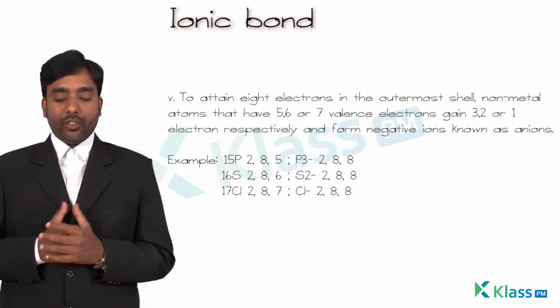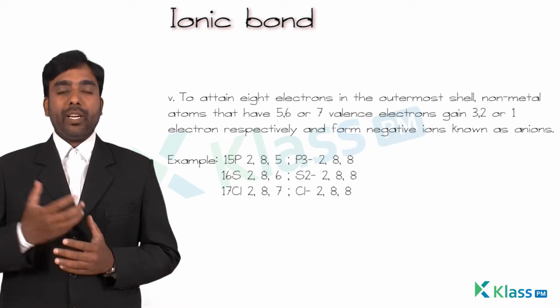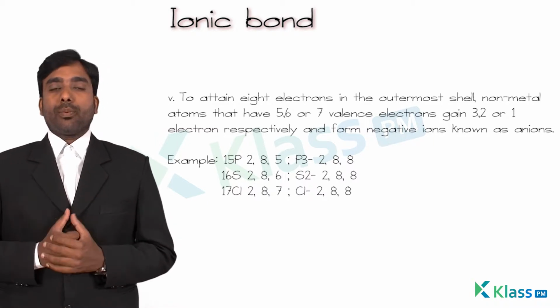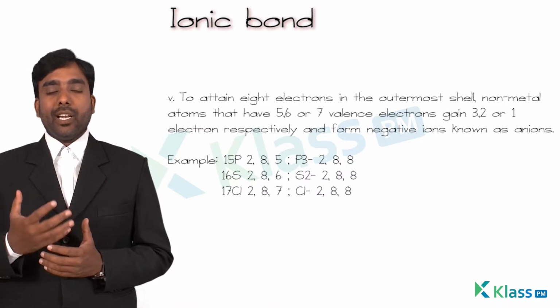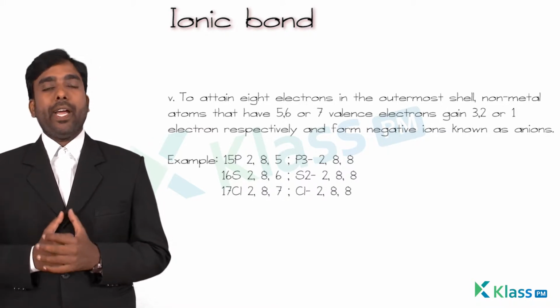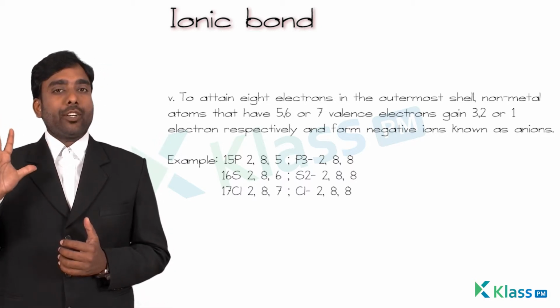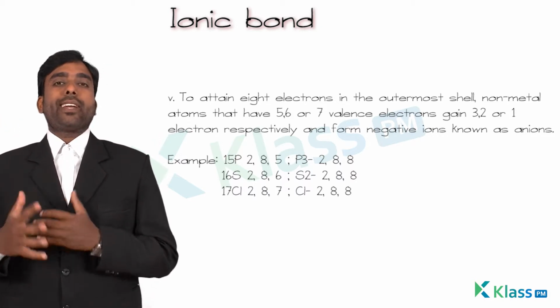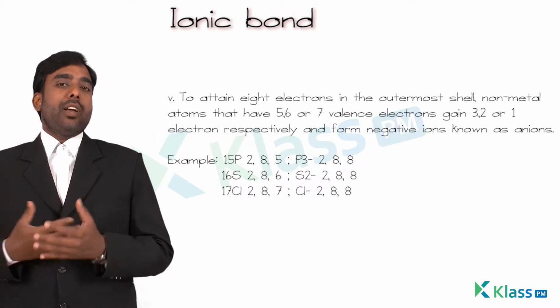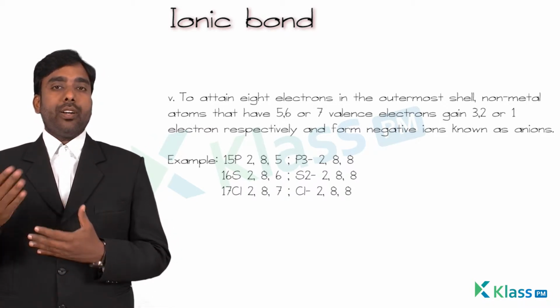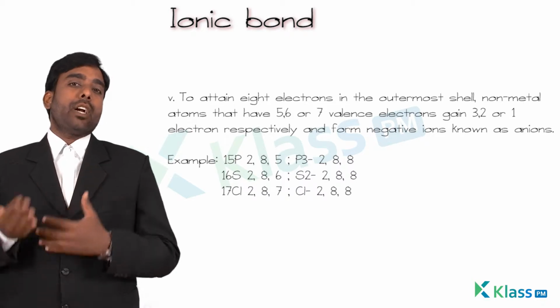Let's take elements from the 17th group, the 16th group and the 15th group. Phosphorus belongs to the 15th group and its electronic configuration is 2, 8, 5, so there are 5 electrons in its valence shell. It cannot lose 5 electrons, because losing 5 electrons is more difficult than gaining 3 electrons.